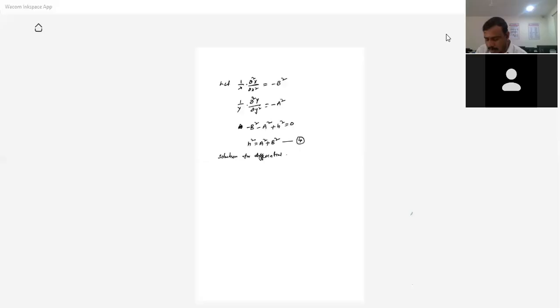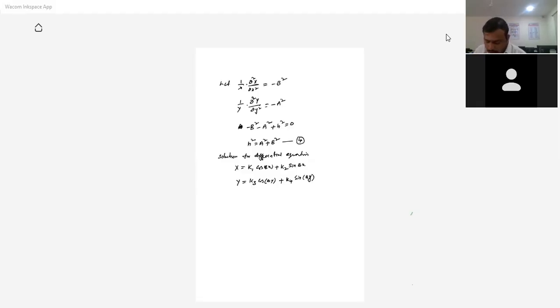You can write X is equal to k1 cos bx plus k2 sin bx, and Y is equal to k3 cos ay plus k4 sin ay.